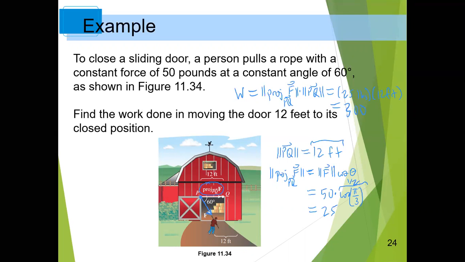What are the units? Foot pounds. 300 foot pounds. Exactly right. Okay, all right. We're done with dot products.